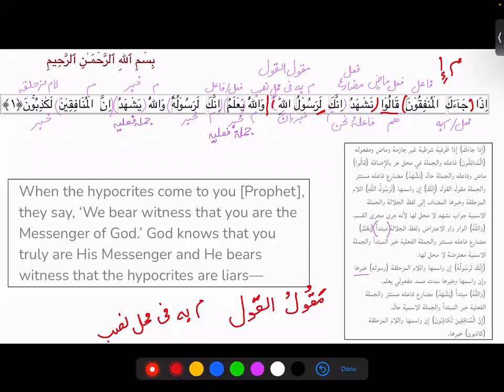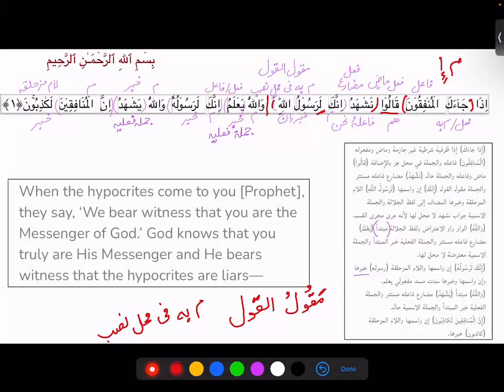Alhamdulillah. Okay, next one. Now, wallahu ya'lamu innaka la rasuluhu: Allah knows that indeed you are his Rasul. Is that connected to qalu? Is that still maqulul qawl? No, because there is a waw of connection, harf ataf.